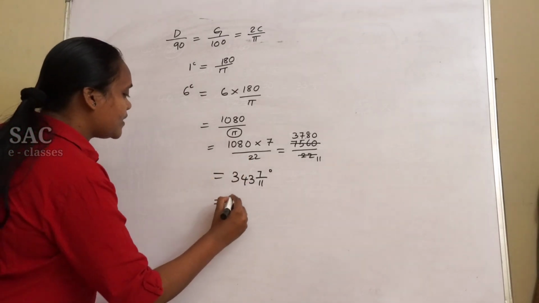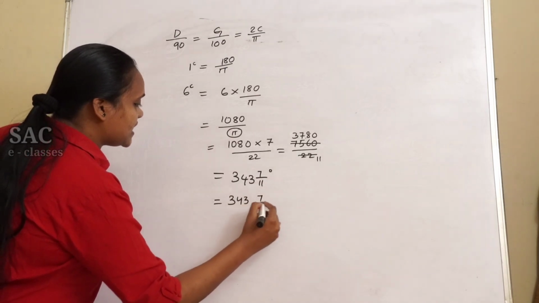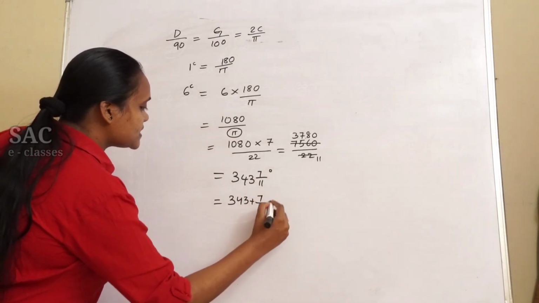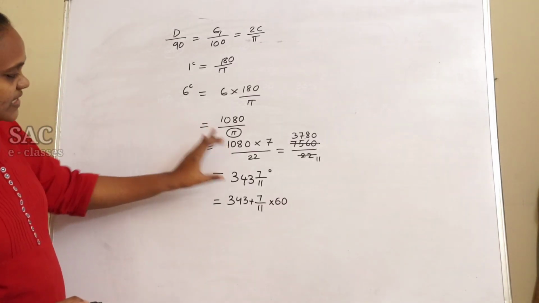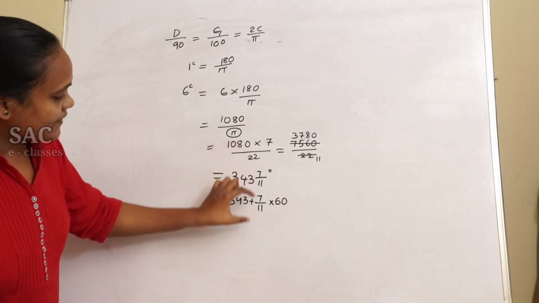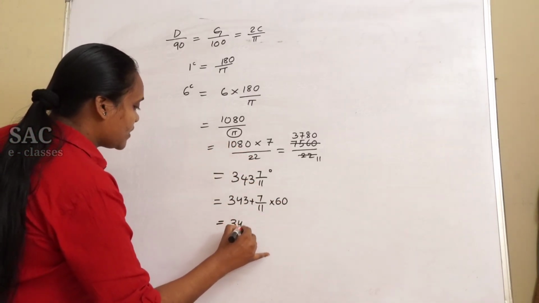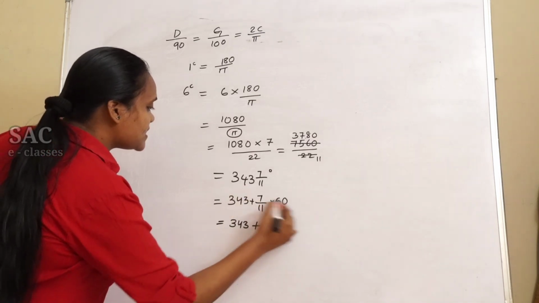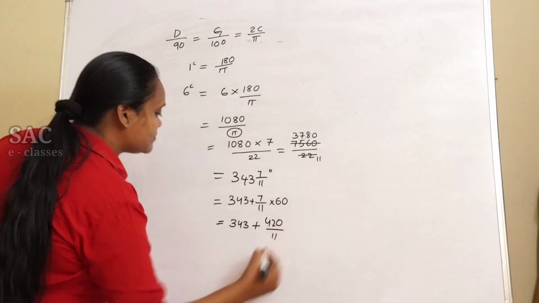What we will do is, we all know that each degree is equal to 60 minutes. That is why let me separate the fractional part: 343 plus 7 by 11 into 60. So you can write 343 degrees plus 7 into 60 is 420 by 11.